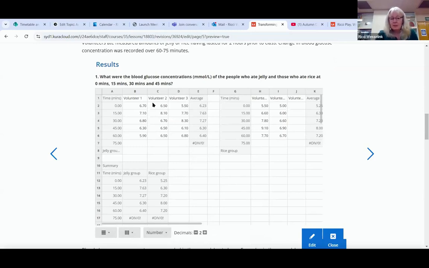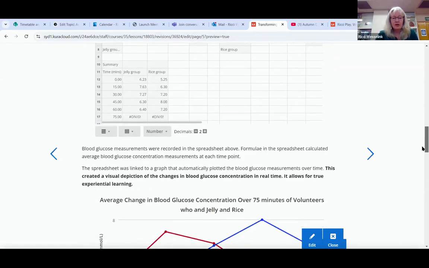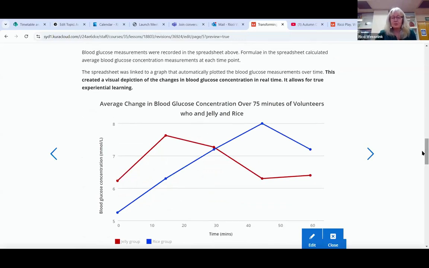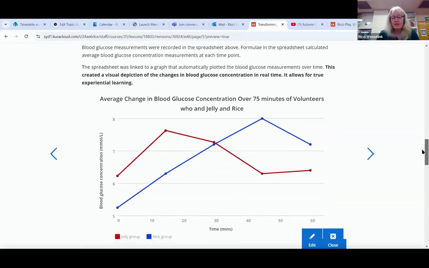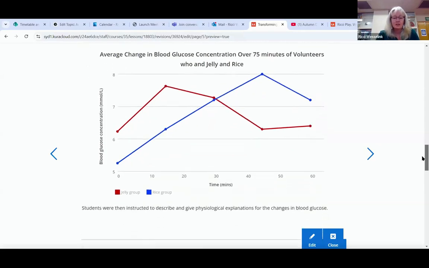And it's the same amount of carbohydrate, but in 2 different forms. And so we get a change in blood glucose. And when we link the table to the graph, this graph is produced in real time. So the students are able to do something to themselves, record the changes, and then look at the pattern that occurs. So it's real-time experiential learning. And then that's the start of a discussion about the explanation for the differences in those changes.